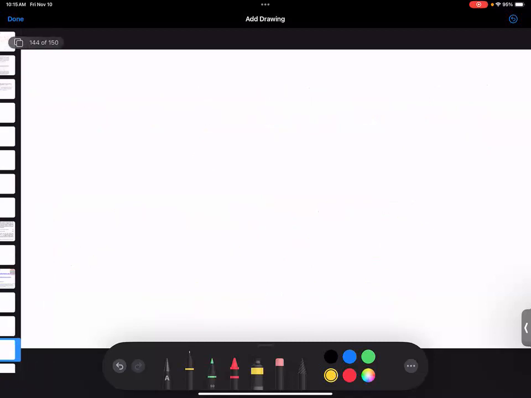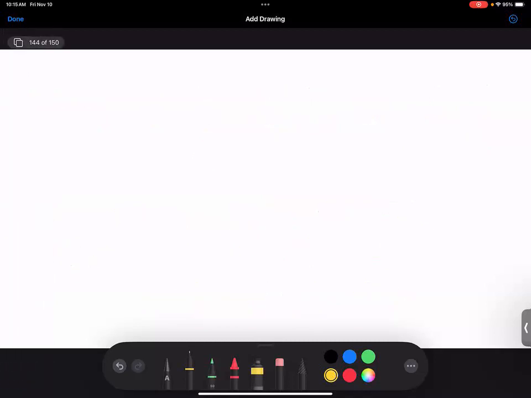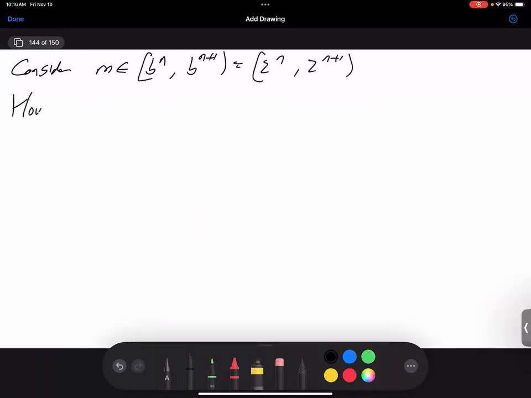Okay, so now what we want to do is let's consider all m in some interval, let's say bn to bn plus 1. So that would be 2 to the n, 2 to the n plus 1. How often do we have a gap of length g? That's the question we want to solve.